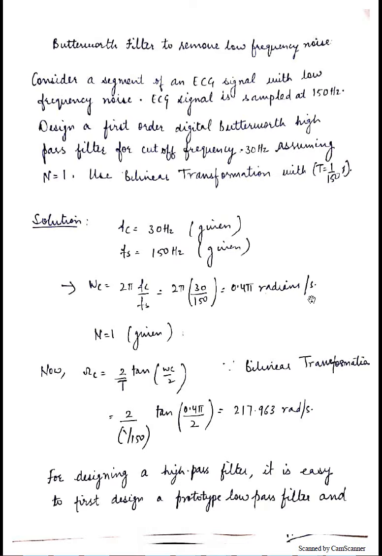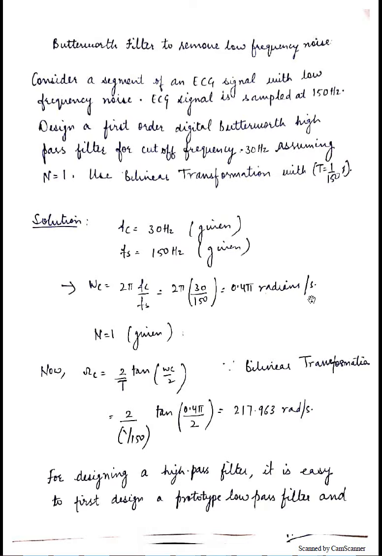If the order is capital N, the equation will be 1 by s raised to power capital N plus b(N-1) s raised to power N minus 1, where these are the filter coefficients, up to b1 s plus 1. Now for our case, the order is 1, that means capital N is 1. So if we keep the value of capital N, you will get the equation as 1 by s plus 1. This is the normalized prototype low pass filter.